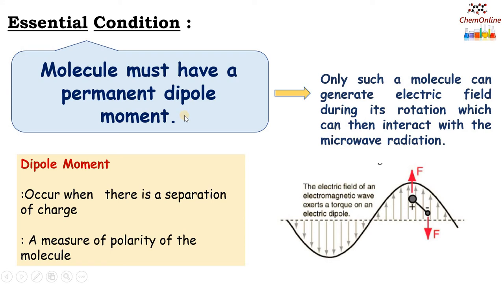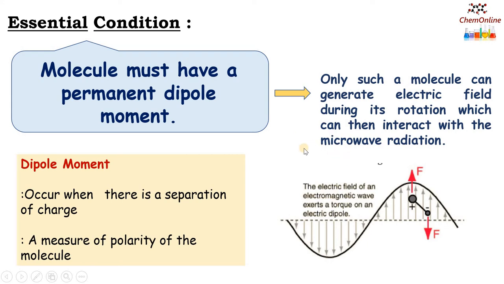Now we saw the condition that only molecules with a permanent dipole moment show a rotational spectrum. Now let's see how such molecules produce a rotational spectrum. During the rotation, the dipole moment will oscillate and generate an electric field which can interact with the microwave radiation.